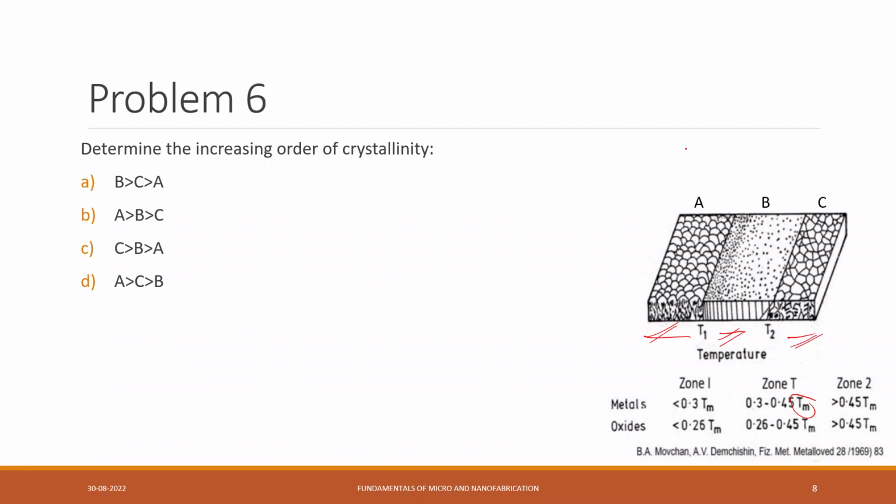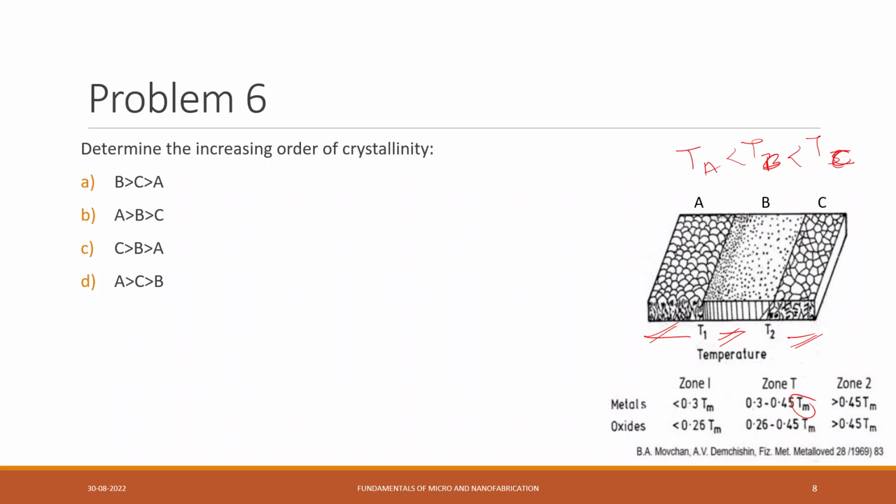Essentially, if you have temperatures TA, TB, and TC, TA is lower than TB, and TB is lower than TC. Okay, somebody has answered D. Others? You have to tell what is the increasing order of crystallinity.